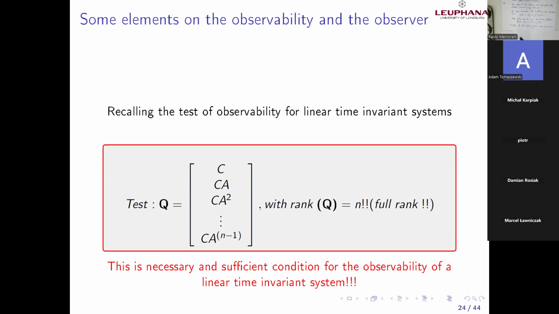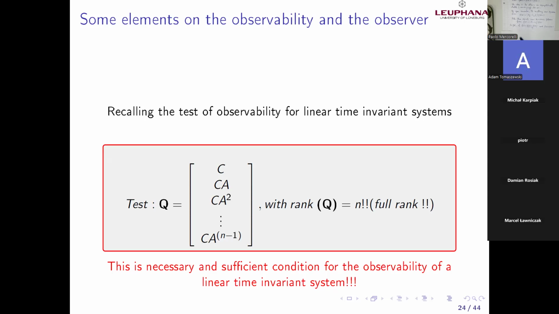It could also be more than one determinant, but this is a little bit more complex. Let me remain with one measurement. If the determinant is not zero, this means that this matrix is full rank, the system is observable. And we have a necessary and sufficient condition. Therefore, sometimes this test is presented as a theory.